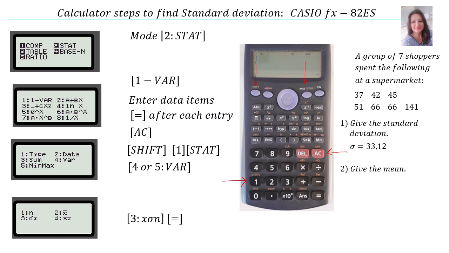Question 2 says give the mean. So what you will do is you will go back to this step over there. You press AC, shift 1, stat, var, and now you will choose number 2, the one that has X bar. Remember, that's the symbol for mean. Therefore, your mean will be 64.